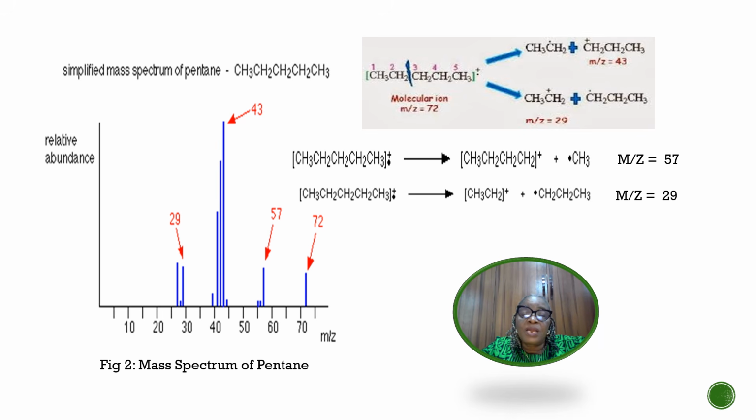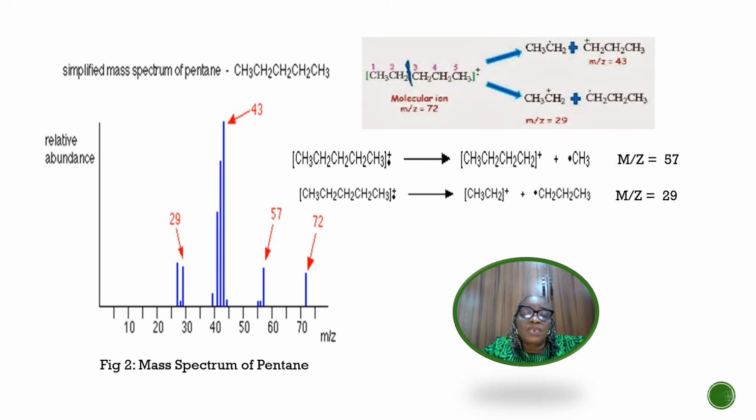We see another peak at 43. And that peak is the most intense peak, the m/z 43, which is called the base peak. It is the longest peak. It is a propyl cation being formed by the loss of an ethyl radical from the molecular ion.